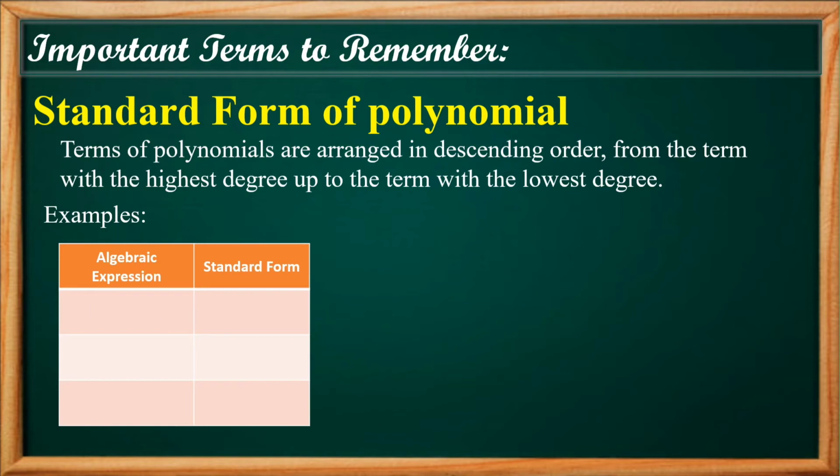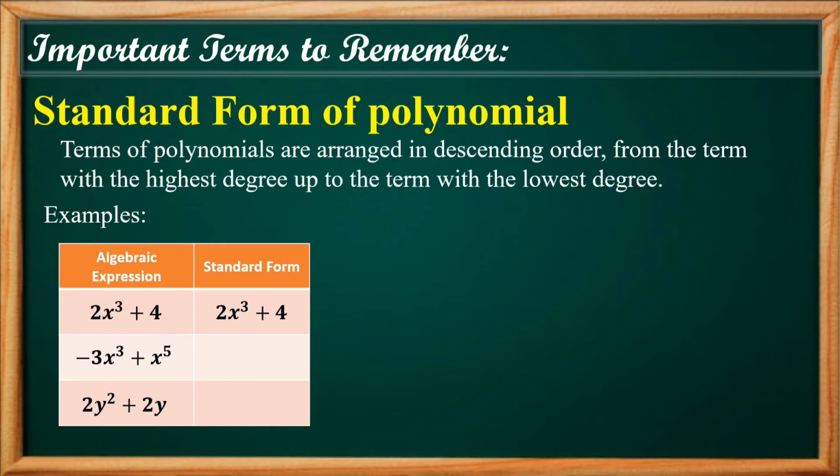Example. If we will have here the algebraic expression 2x cubed plus 4. Then, the degree here is 3 and the degree here is 0. Therefore, it is already in the standard form. Example. Okay, how about on the second one?